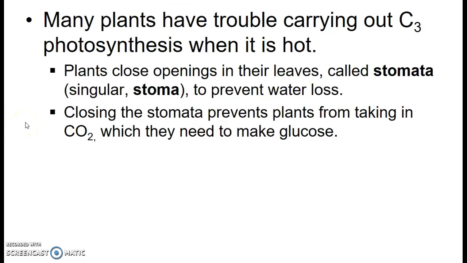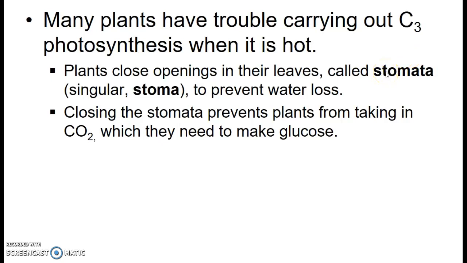Okay, so some plants have trouble carrying out C3 photosynthesis when it's hot. And the reason for that is that in order to take in the carbon dioxide necessary to create glucose, the plants have to open special cells in their leaves called stomata to let the carbon dioxide in.